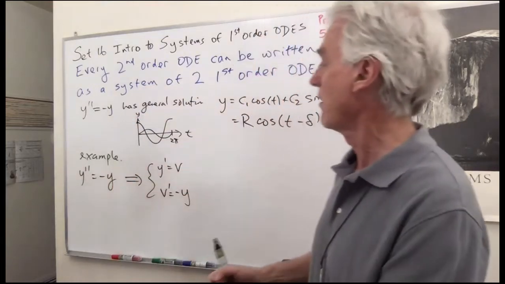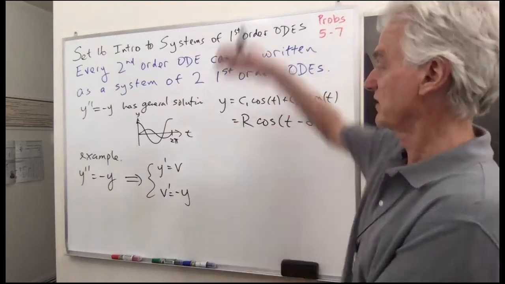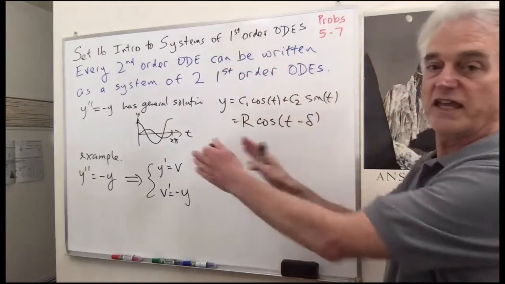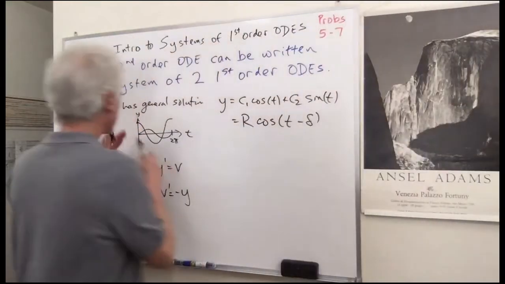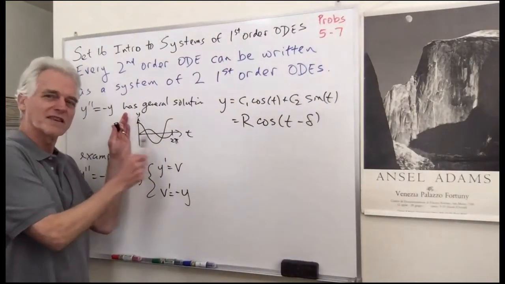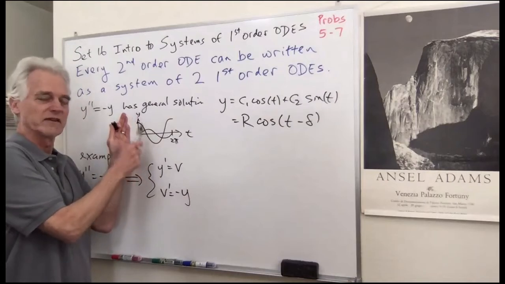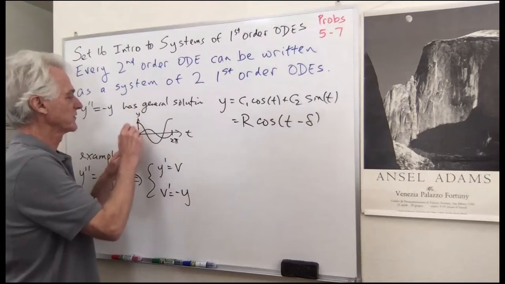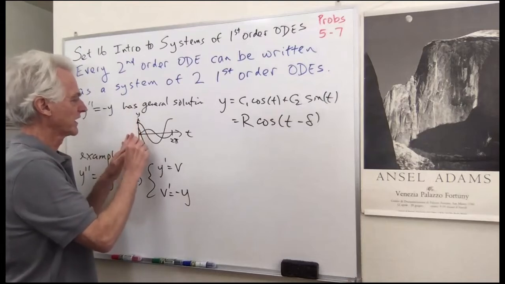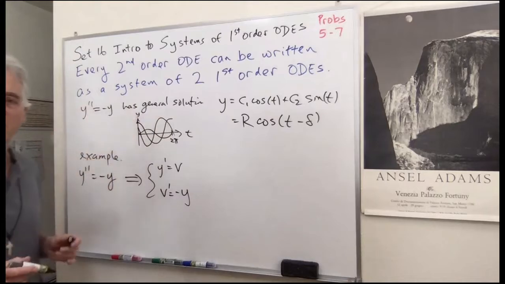They're all like a shifted cosine with different amplitude and a phase shift delta. You notice that we haven't done a lot of drawing pictures for y versus t, and this is part of the reason why. I can start off with any position and any velocity, and I get a solution that goes through there, and they all make a mess.